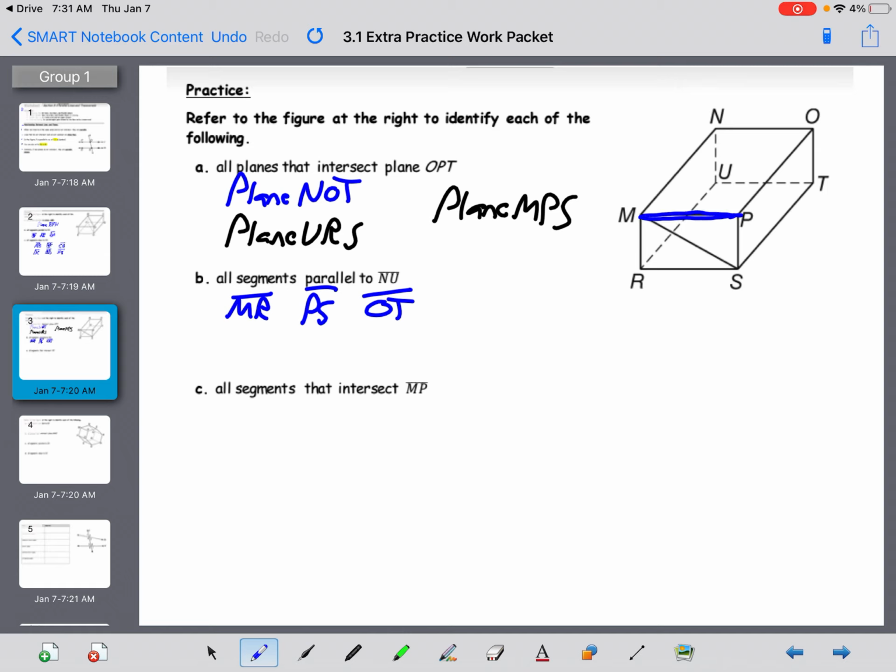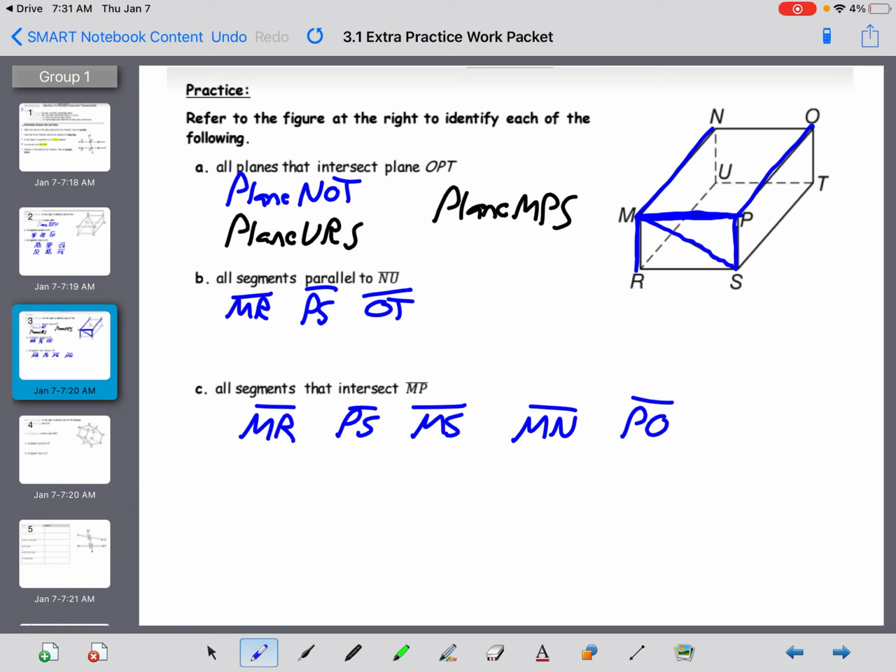Well, here's MP. And your segments that intersect would be MR, PS, MS, MN, and PO.